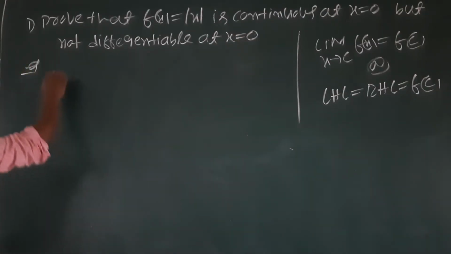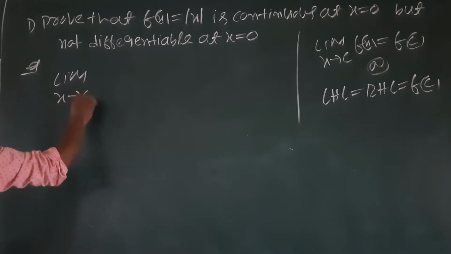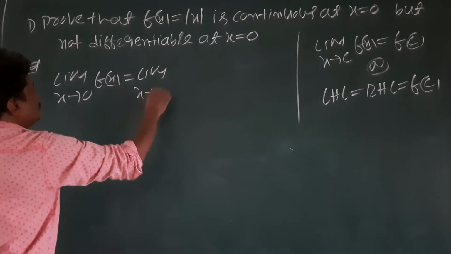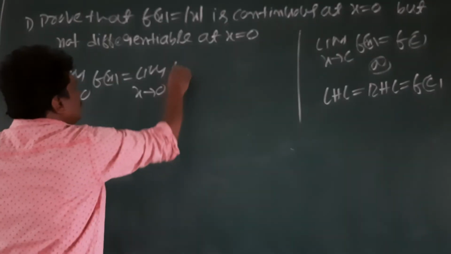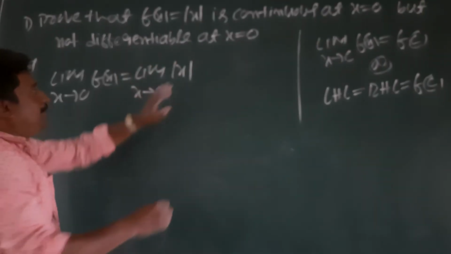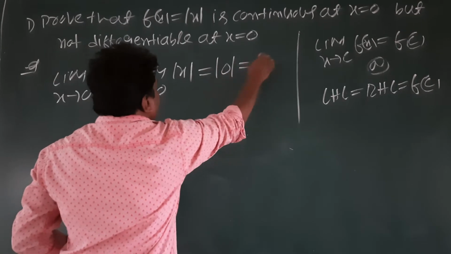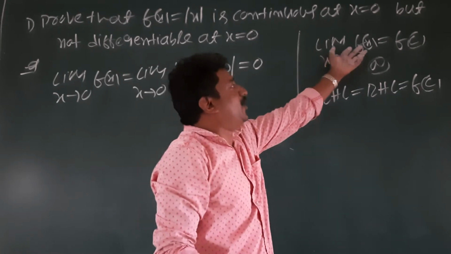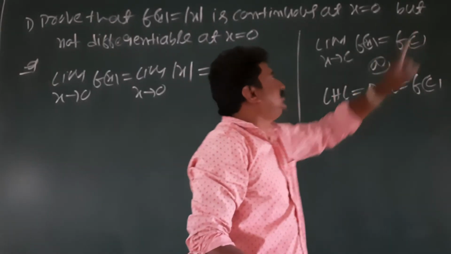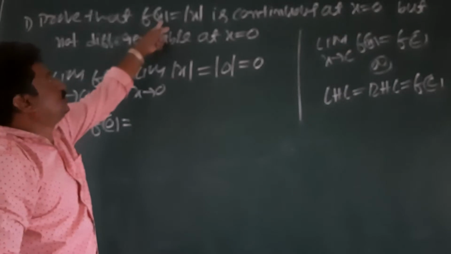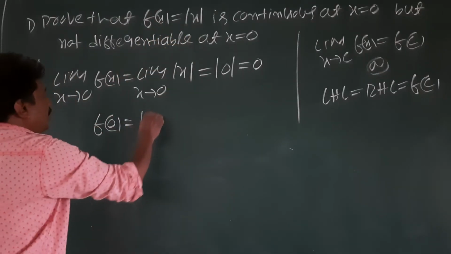Here c is 0. Limit x tends to 0 of f(x); f(x) means mod x. Apply the limit: that is mod 0. So we found this value. Now let's find the f(c) value. f(0): put x equals 0, students. f(0) is mod 0.